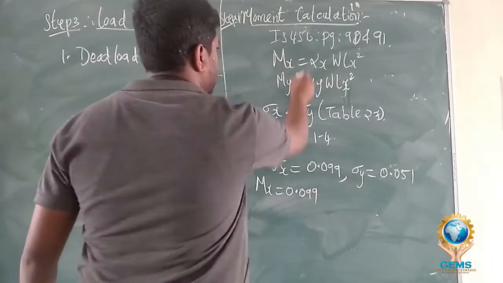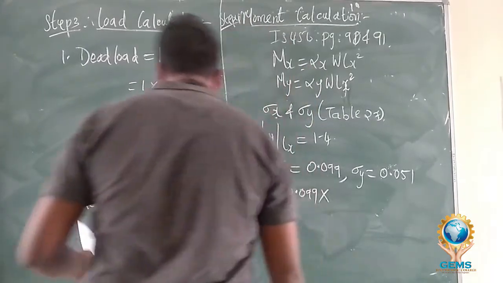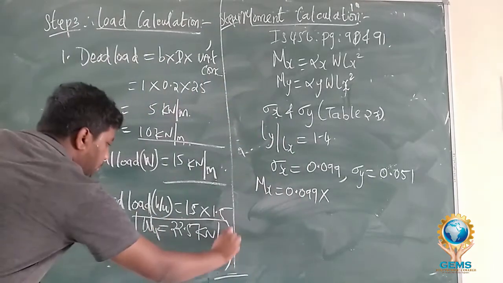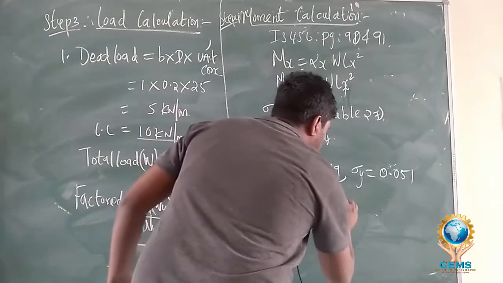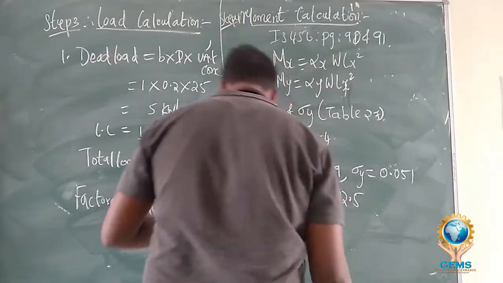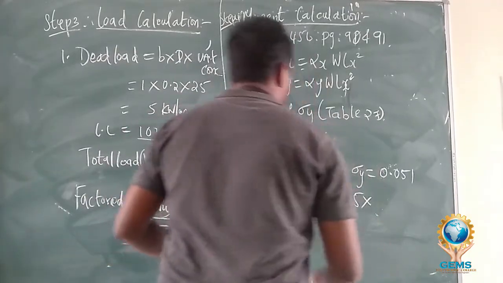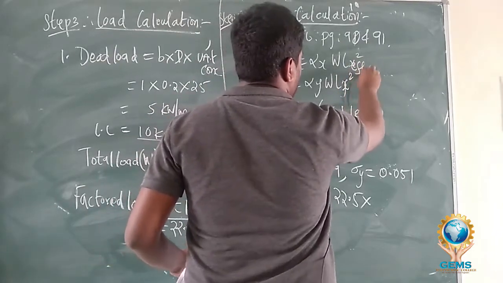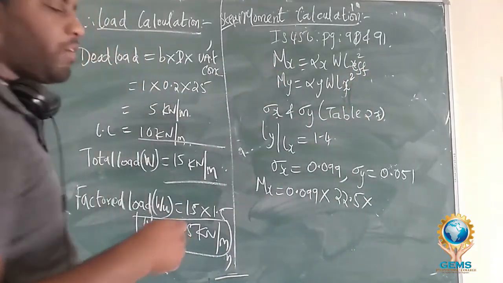Substitute in the formula, Mx is equal to 0.099 into your W. What is your W? 22.5, the W you have calculated, into your Lx squared. Lx is the effective span. How much have you calculated for the effective span?